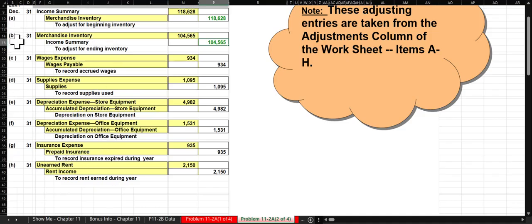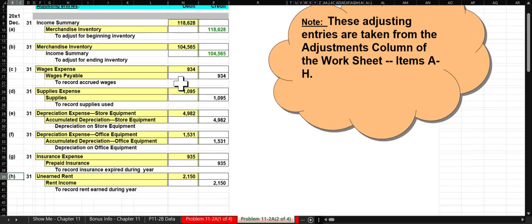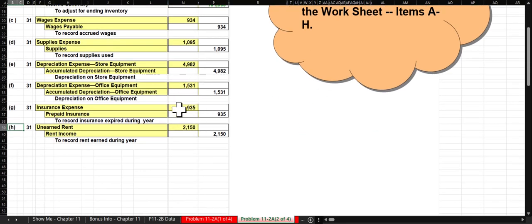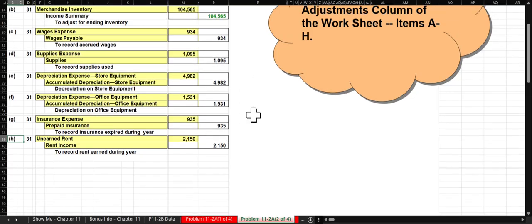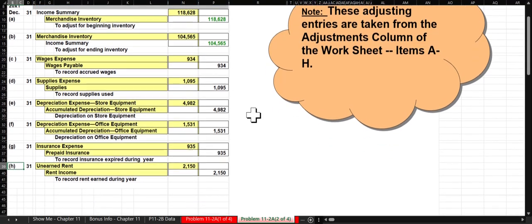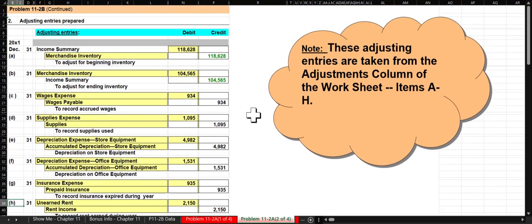And so when you're done, items A through H should be now in general journal form. And again, the reason we have to do this is when these adjusting entries are posted, they will update our ledger to reflect the adjusted balances that we need to actually prepare the financial statements.